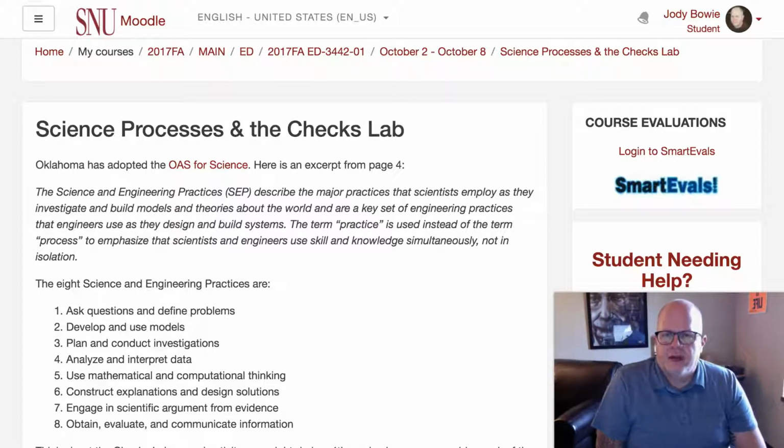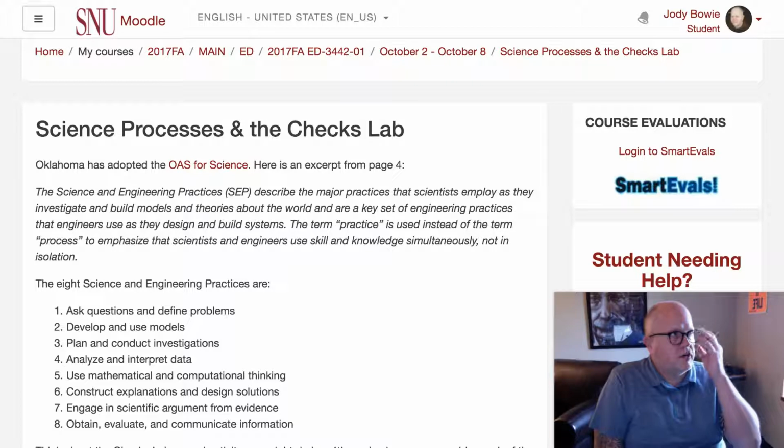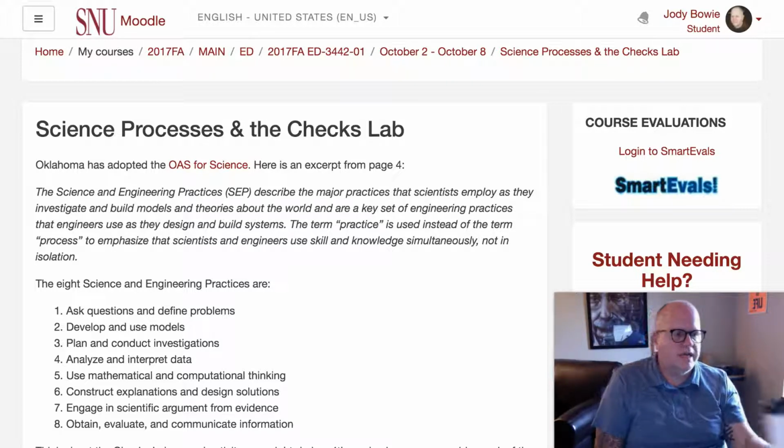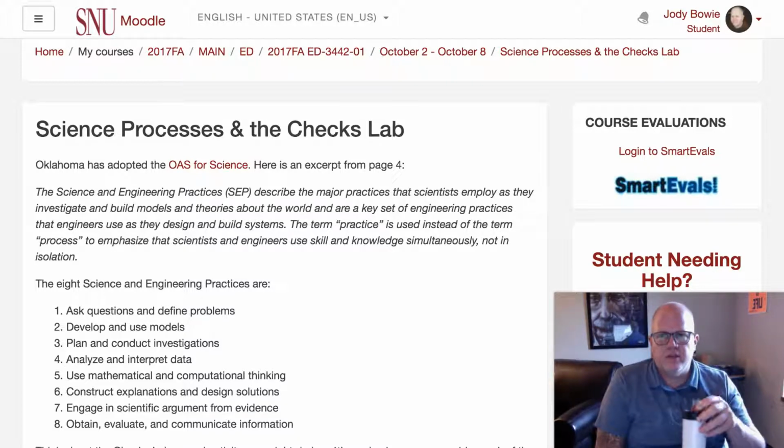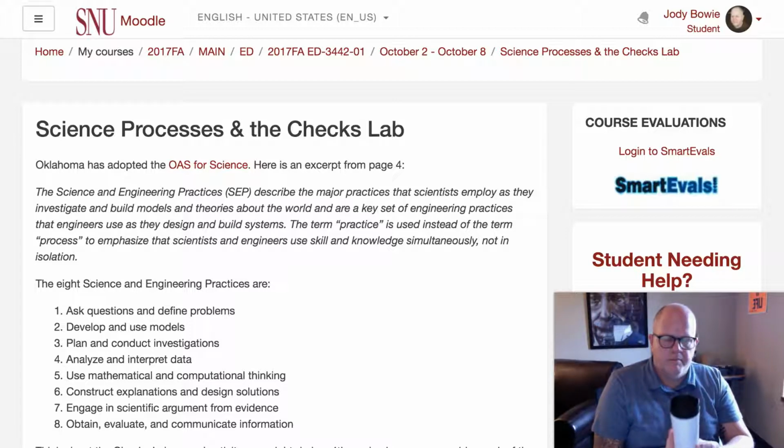The term practice is used instead of the term process to emphasize that scientists and engineers use skill and knowledge together, not in isolation. So science and engineering practices should be integrated into everything that you do with science, because for scientists, they are integrated just by the nature of what they are.